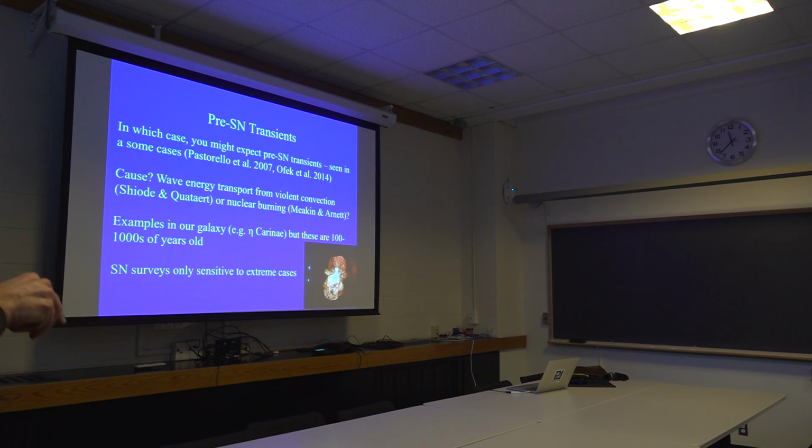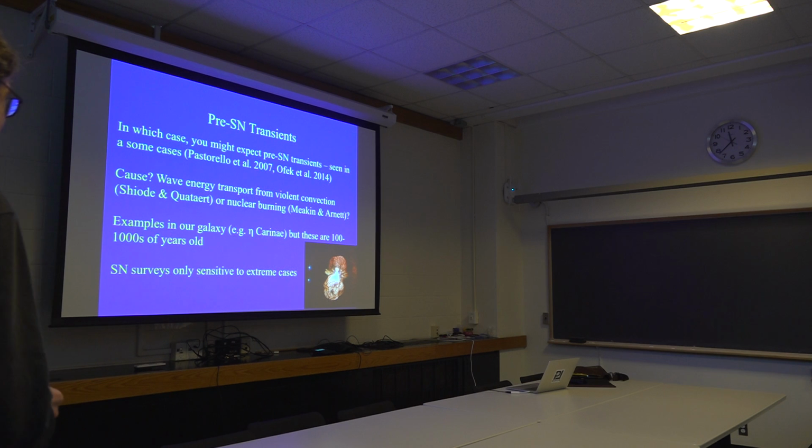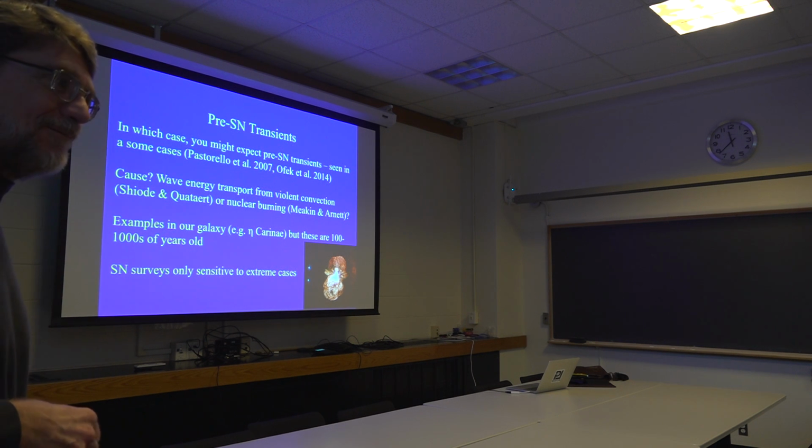Actually, it's sort of funny, even with ASAS-SN, we can't actually do photometry of eta Car. It's too bright. In fact, there is almost no monitoring data on eta Car anymore because there are no telescopes small enough.